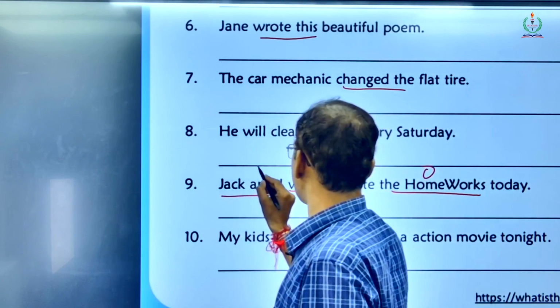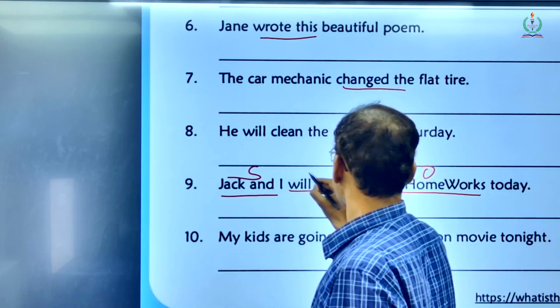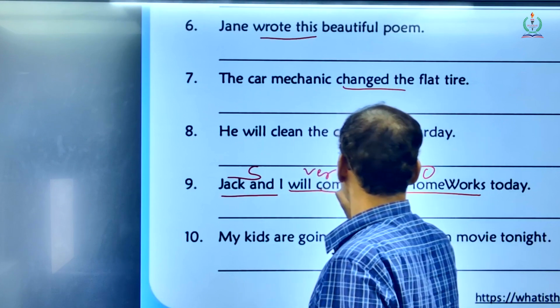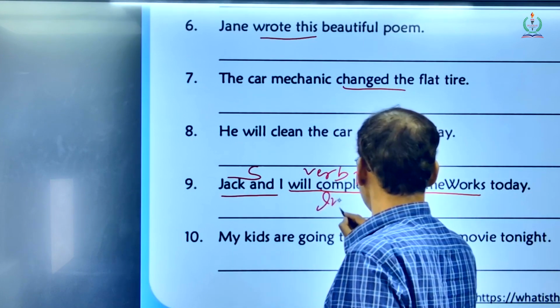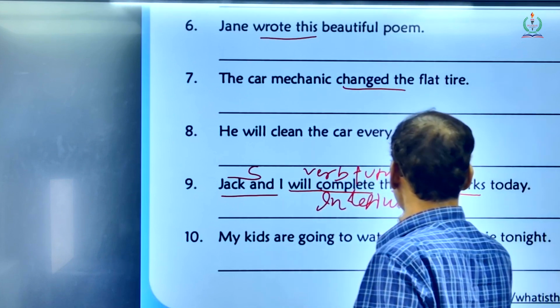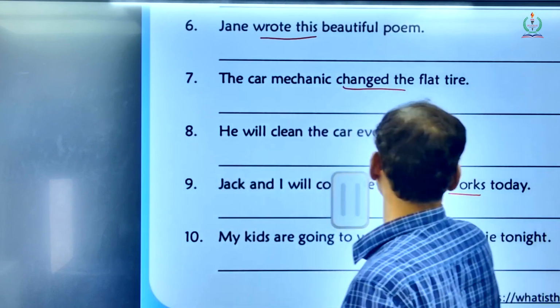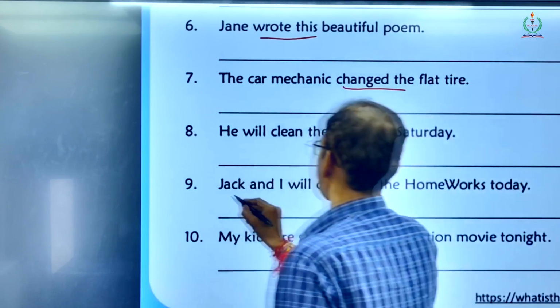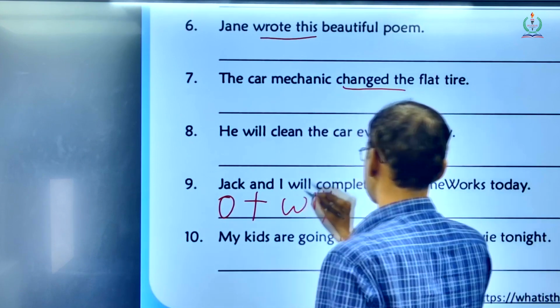Jack and I both are subjects, and will complete is the verb in future indefinite form. So, any verb in future indefinite form, the structure that I have already told you, becomes object plus will, because it's will over here.